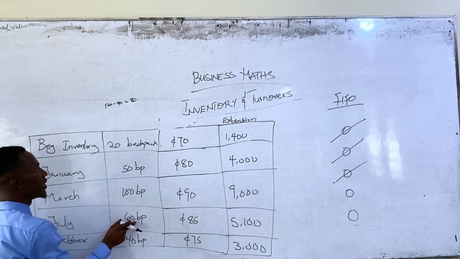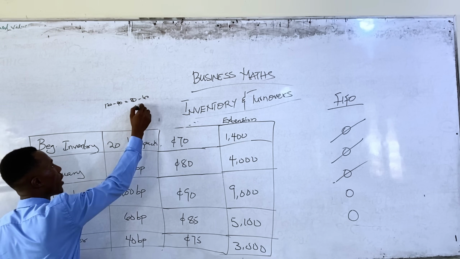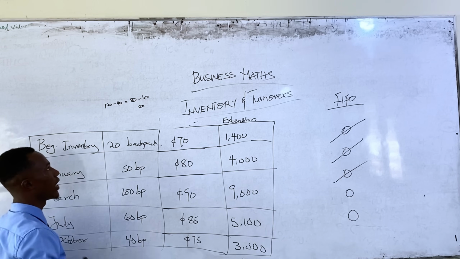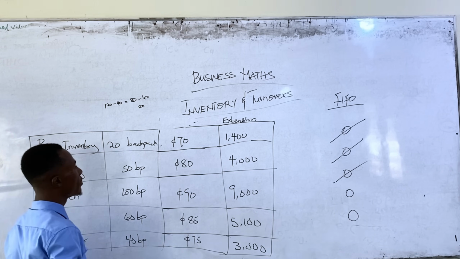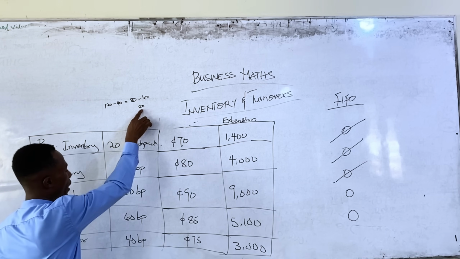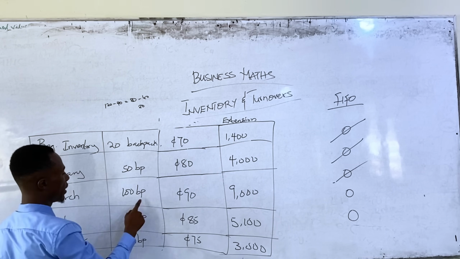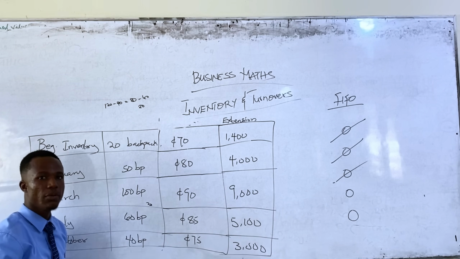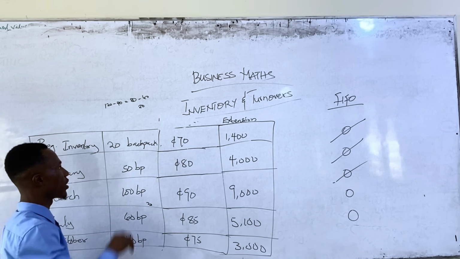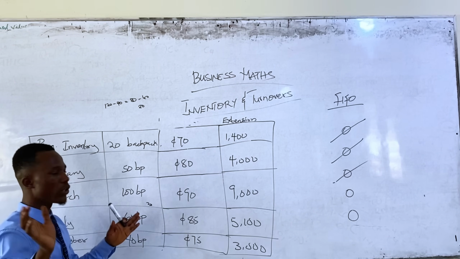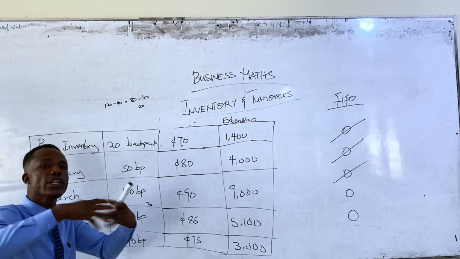You subtract this 60 from 80. You have 20. Now, because here is 100 and you are left with only 20, what you are going to do is very simple. You are going to replace this with 20 instead of 100. Because first in, first out: this first one, we have sold it. This second 50, we have sold it. And of this 100, we have sold 80 of them.